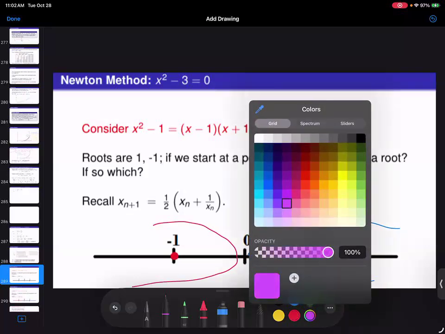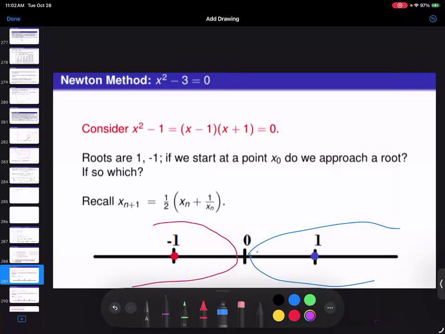And what about 0? Undefined, like 1 over 0. This is the battleground state. It's right between them. If I try putting in 0, my formula blows up. I can't use Newton's method there.